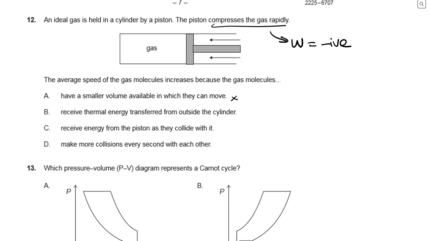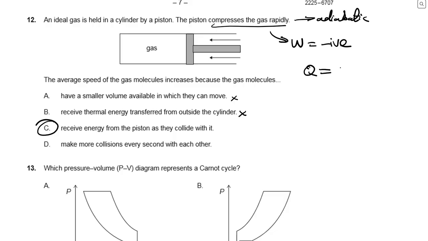Nope, that is not why the speed increases. Thermal energy transferred from outside? It's compressed rapidly, so that's adiabatic, right? There's no time for energy to be transferred. They have received energy from the piston as they collide with it. That makes sense because there's work done. So that work done goes into increasing internal energy, right?